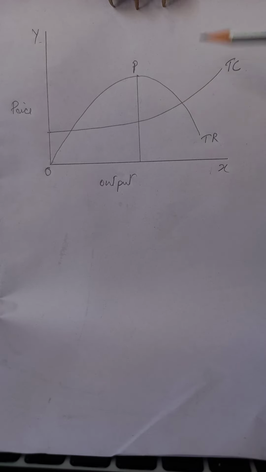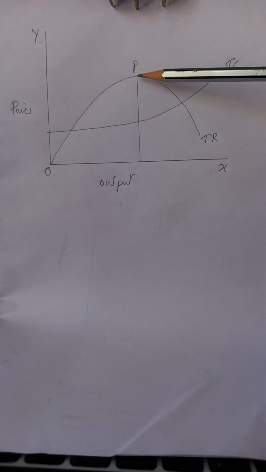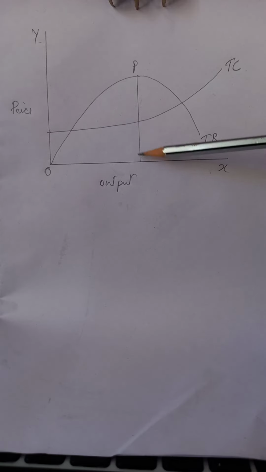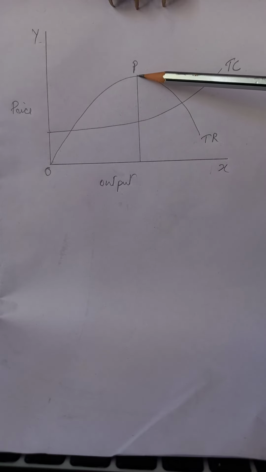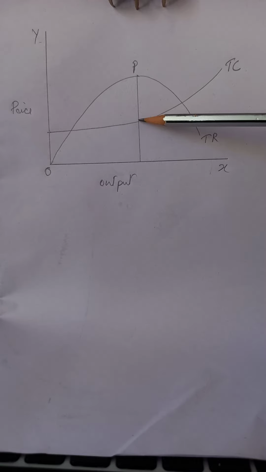So like what I've been telling you, according to this approach, a monopolist will be in equilibrium, his profit will be at a maximum, at a point where the distance between TC and TR is at the maximum distance. If you look at point P, this is the TR curve, this is his TC curve.